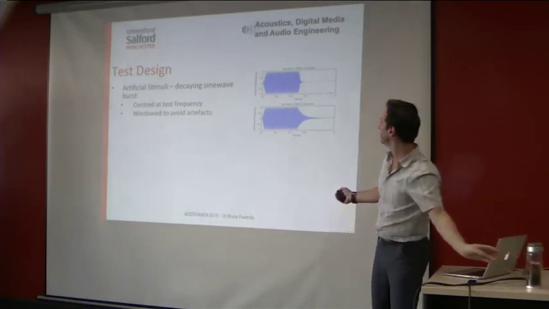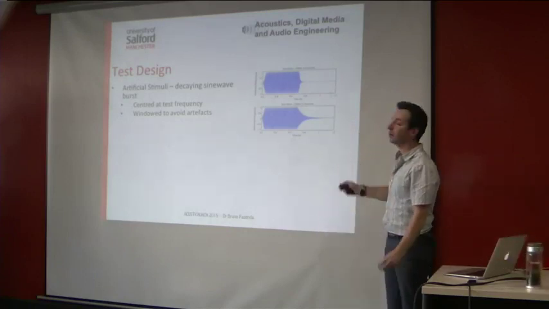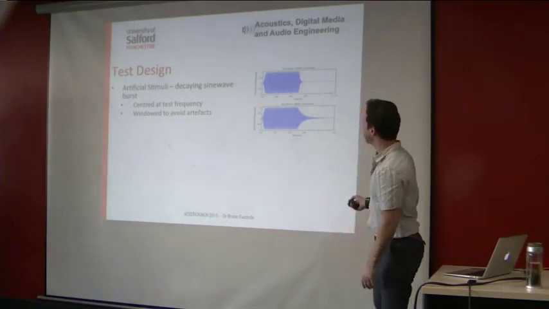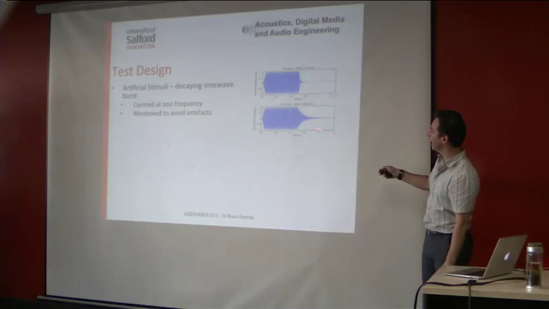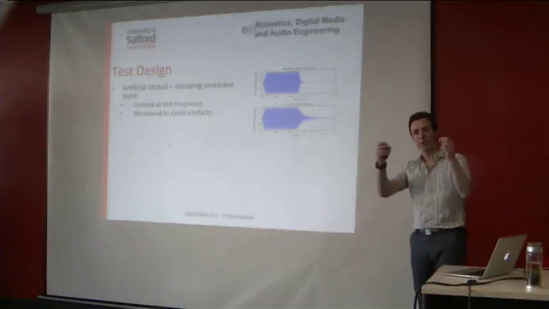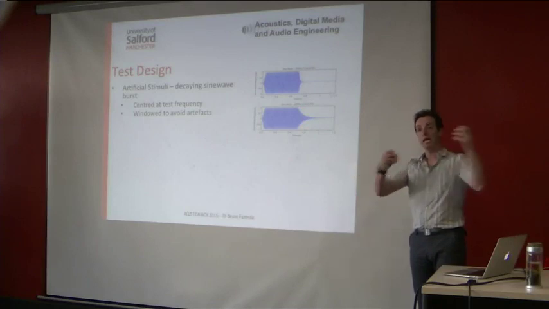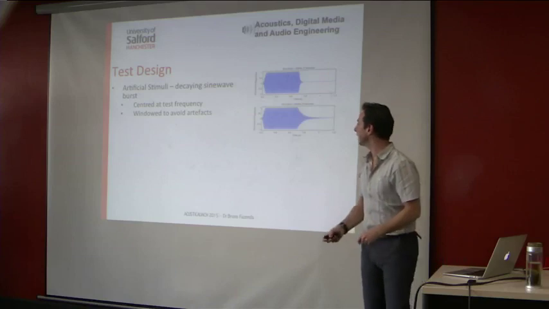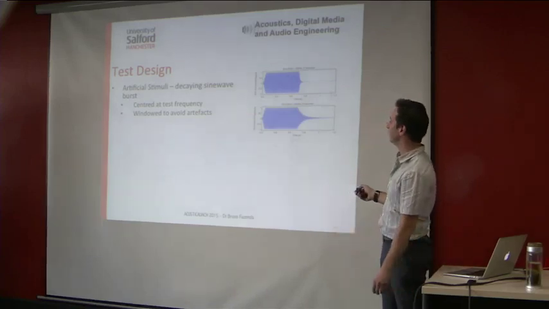The artificial stimulus was basically a little sine wave that's going at a certain frequency, going boo, like that. And then we put the modal decay right at the end. That's more or less what modes are. They're kind of resonances that have a single frequency, as you've seen in the waterfall plot, so they will decay with a certain decay time. So this is what we call the artificial stimuli.